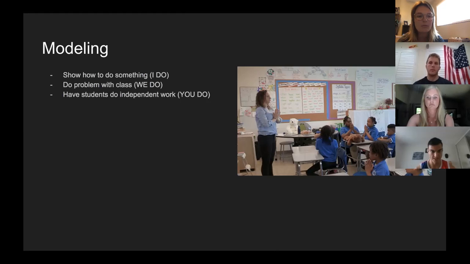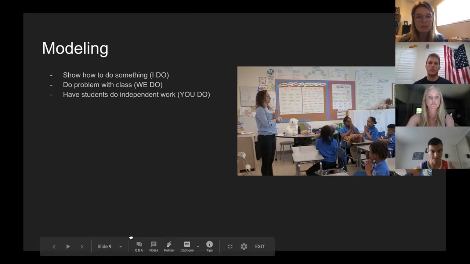Basically, she's showing how to do something, in the words of I do, the teacher does. Then you do it together with the class, we do. And then lastly, you have the students do it independently, which is you do. I use the example of that class, but you can use it in any grade, any age.